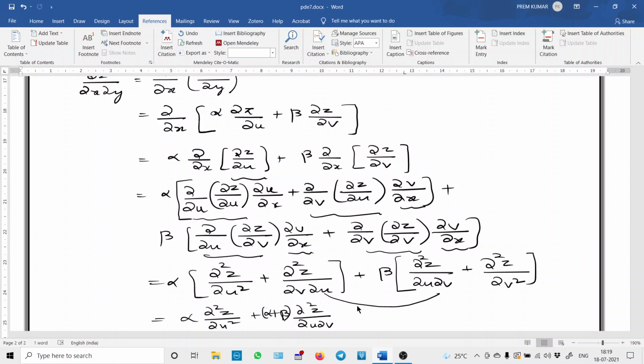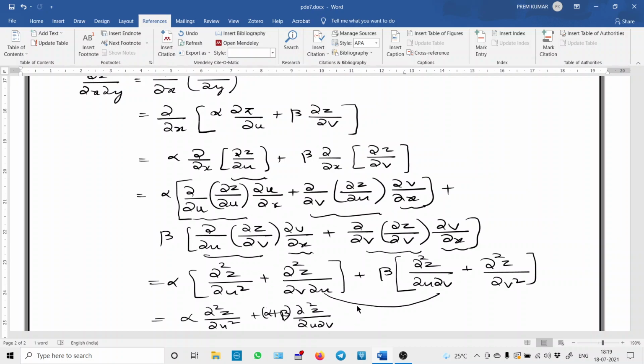That's what we are trying to do here. So you make the substitutions. What is ∂²z/∂x²? We found it in the beginning.